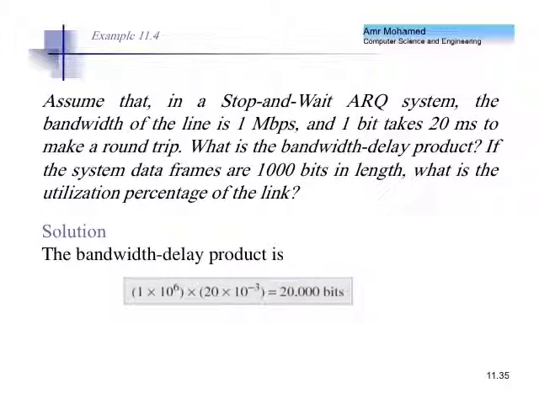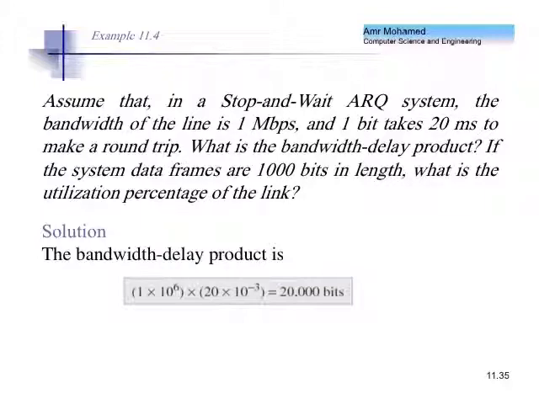And this example, quickly, talks about this scenario. In a stop and wait ARQ system, the bandwidth of the line is 1 megabits per second.